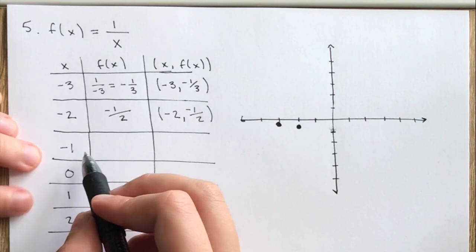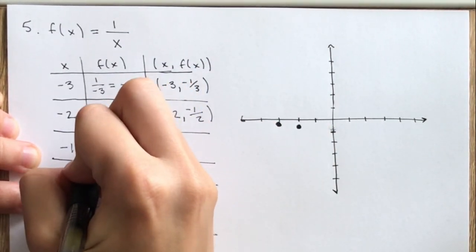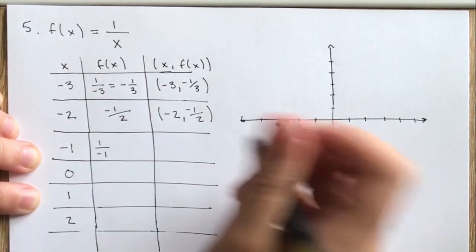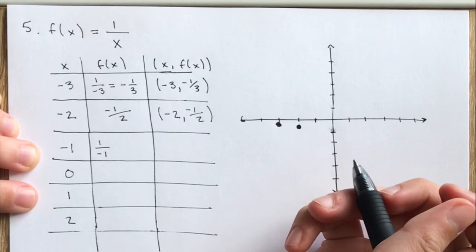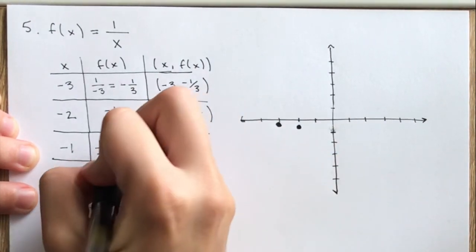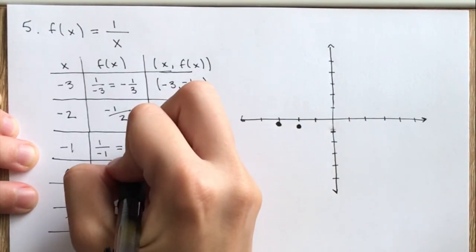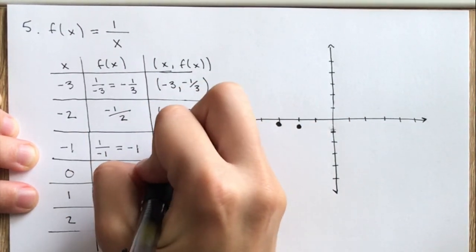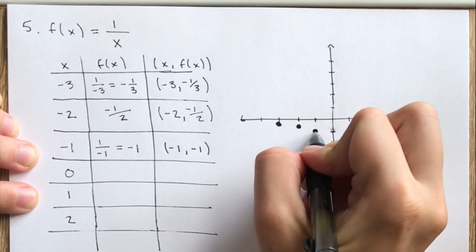Let's do -1. 1 over -1 is going to give us 1 over -1. 1 divided by 1 is just 1, right? Anything over itself is just 1, and since that negative can come out front, we just have -1. So our point here is -1, -1 here.